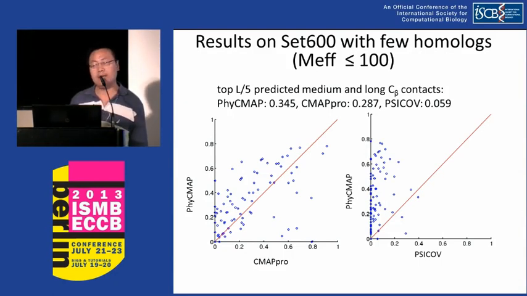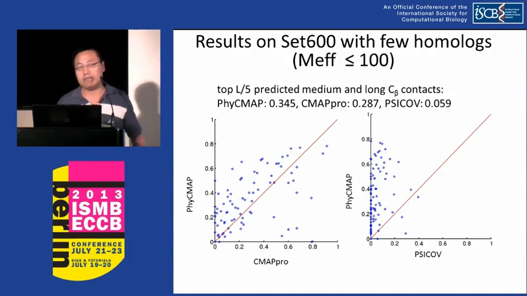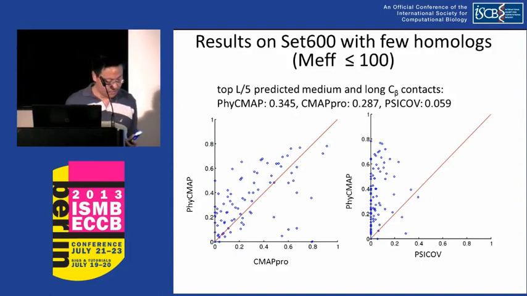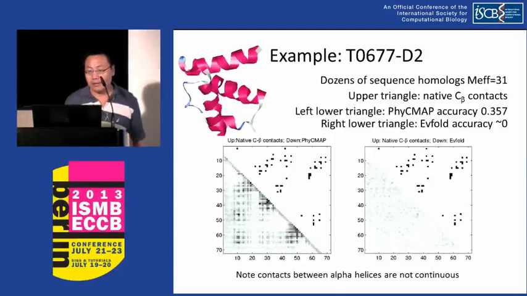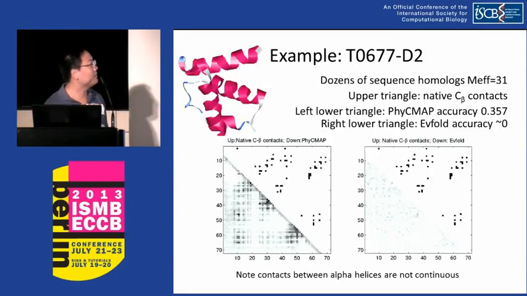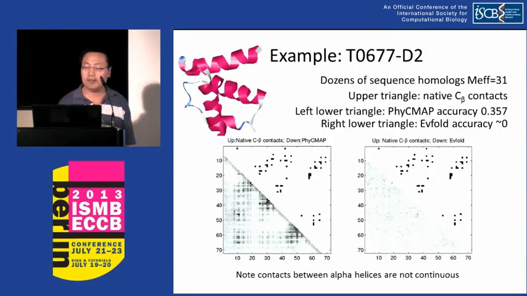Okay, so this is the average accuracy of our method. Now I'm going to show you some specific examples. Here I show you one CASP target. For this target, we don't have many sequence homologs, so MEF is equal to 31.